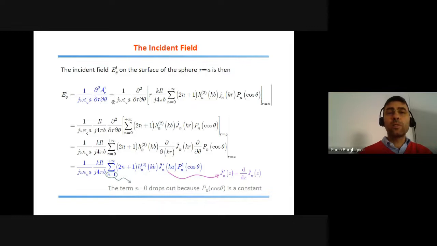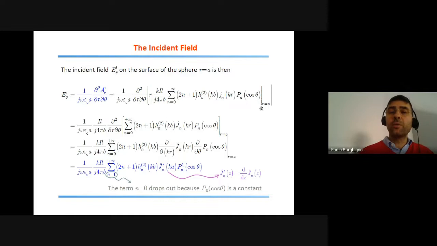So we employ the representation of the radial potential in terms of an infinite summation of spherical waves, and we differentiate these. In particular, with respect to the radial coordinate, we make a differentiation with respect to the adimensional quantity k times r, and the only thing we should differentiate is therefore the function j hat with argument kr, whereas the angular derivative is performed onto the Legendre polynomial p sub n.